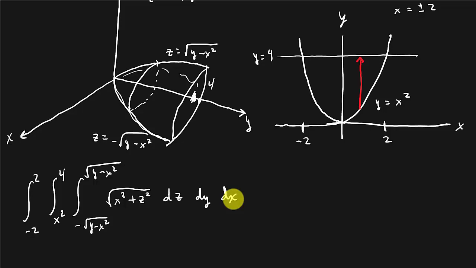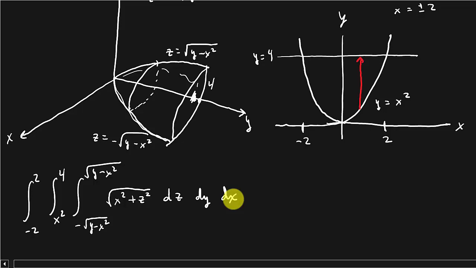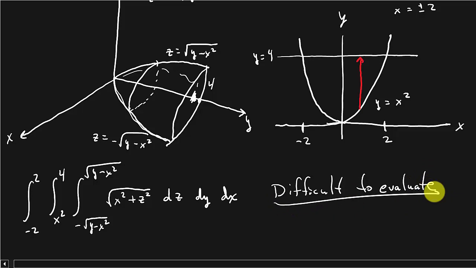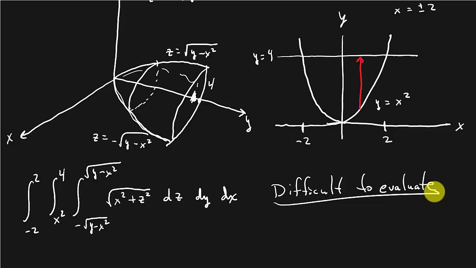So how are we going to integrate this? Well, we're integrating with respect to z, and we've got a z squared here, but we don't have a z term out here. This one is difficult to evaluate. We don't want to do that. We want to see, is there something easier to do?